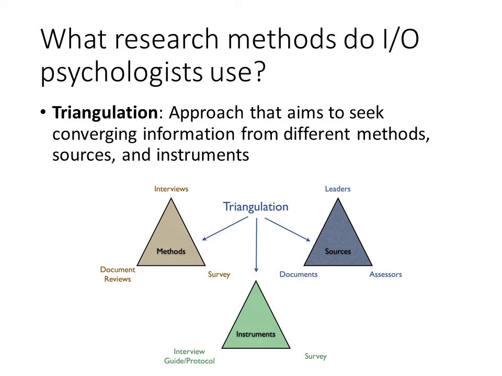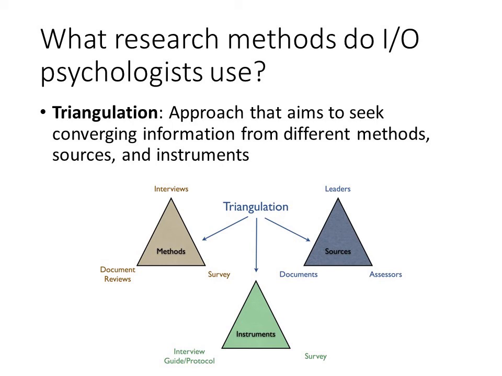In other words, sometimes the answers to our questions lie in multiple places, and there's multiple ways of locating that information. When multiple sources, multiple methods, multiple instruments are all pointing to the same answer, we can be more confident in that answer.